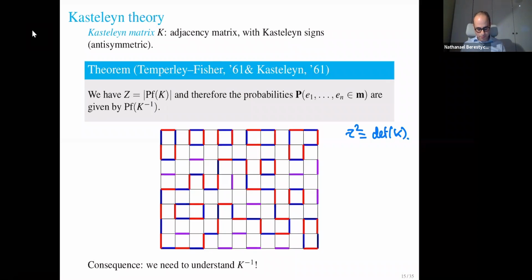Now, why is this true? Let's think about what the determinant of K looks like. We can write down a sum over permutations with the sign of the permutation. And because K is an adjacency matrix, the only permutations that will contribute to this sum are such that they look like cycles, basically. That's because K is an adjacency matrix. K is 0 as soon as you try to go, I don't know, from here to here. So the only permutations that matter are those that can be written down as cycles that you can draw on a graph.